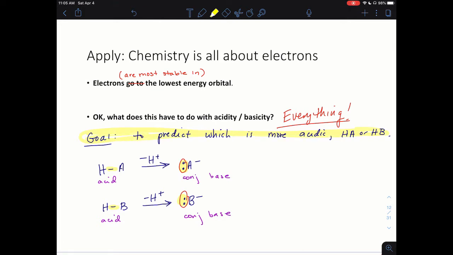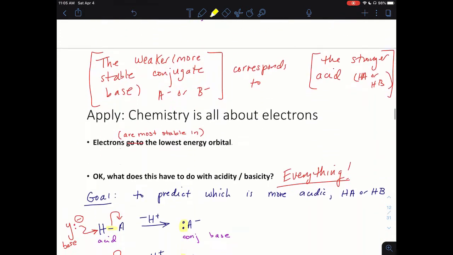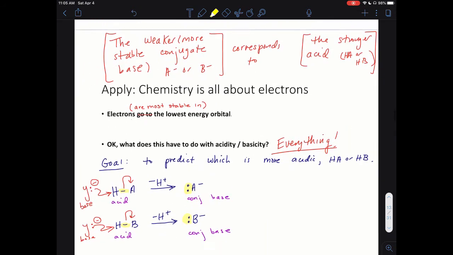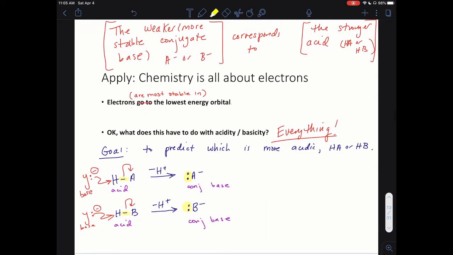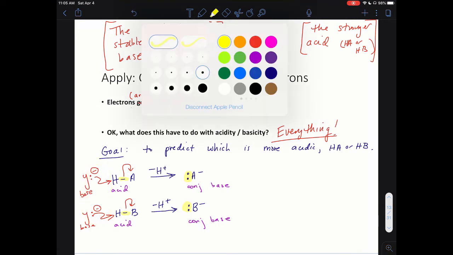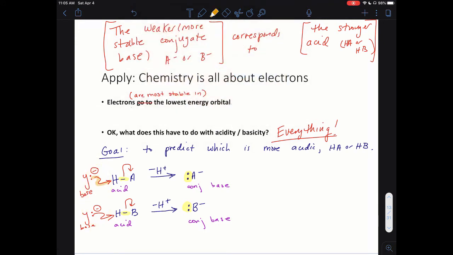Now, let's imagine that we treat HA and HB with a strong base, Y minus. So here we have Y minus. You can see that I'm looking down here. So the base accepts the proton. The electrons in the HA bond go to the conjugate base. Same with HB. The electrons in the HB bond go to the conjugate base.